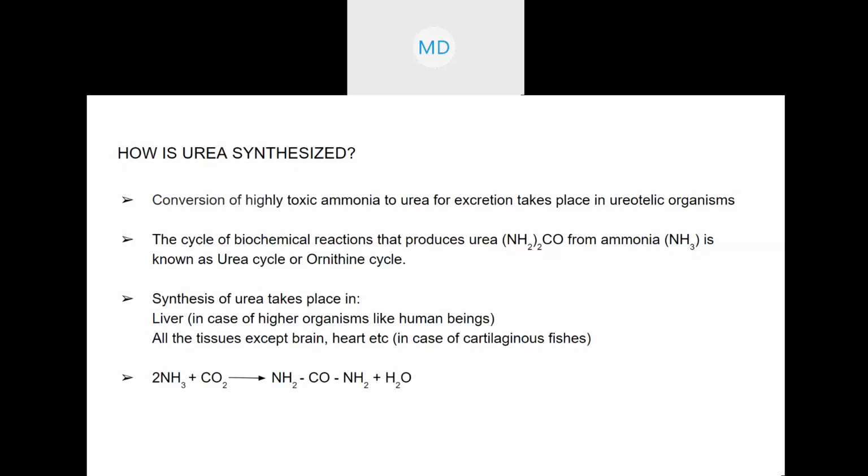You will have a paper on biochemistry in second or third semester, dedicated to biochemistry, and you will learn about the urea cycle there. In this chapter, you don't need to know the urea cycle in depth. Just remember that there is a cycle for the conversion of ammonia into urea, and that cycle is known as the urea cycle, also known as the ornithine cycle. Am I clear?